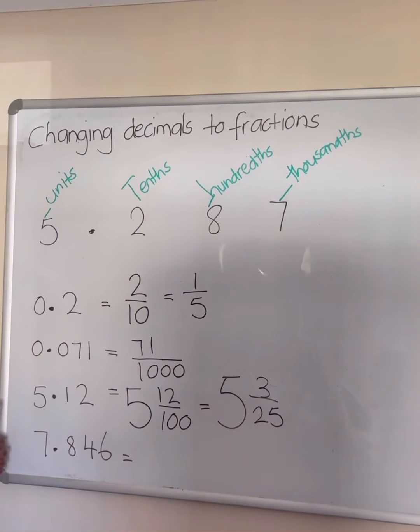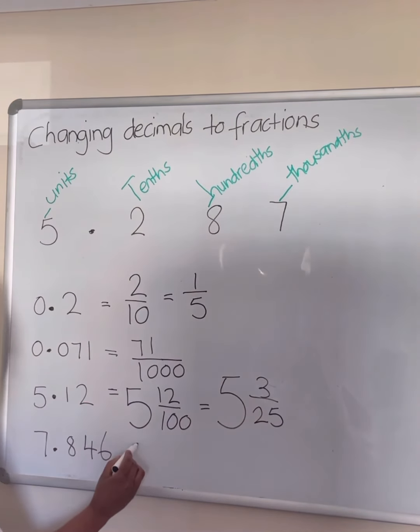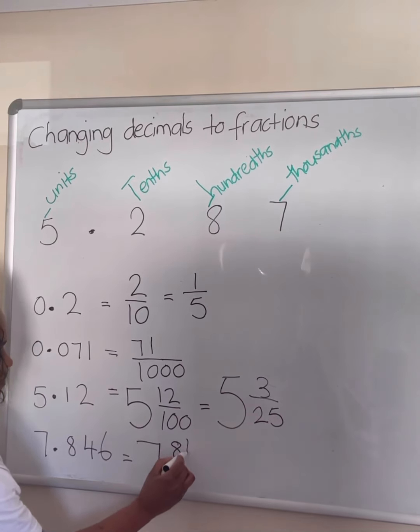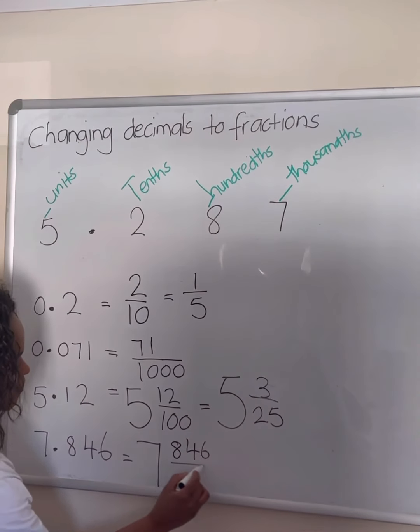Okay, let's try this one. This one, we've got another whole number as well, so which means this is going to be a mixed number or a mixed fraction. So that will be a big 7 first. And this one, I've got tenths, hundredths, and thousandths, so which means this number is going to be over 1,000. So that will be 846 over 1,000.